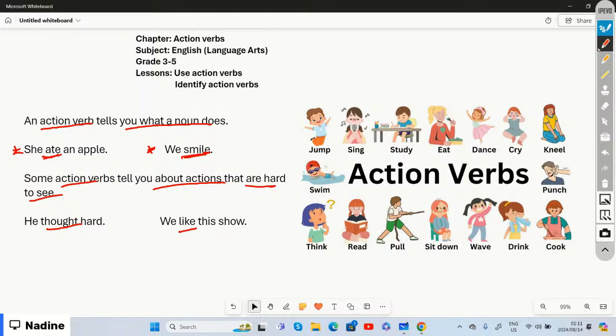All right. And if we look at the words over here, these are more of our action verbs, that show the action that somebody or something is doing.